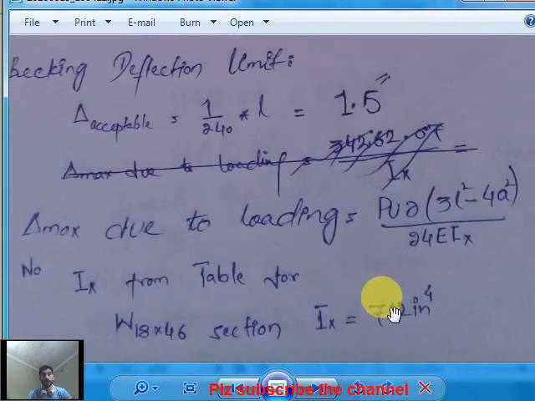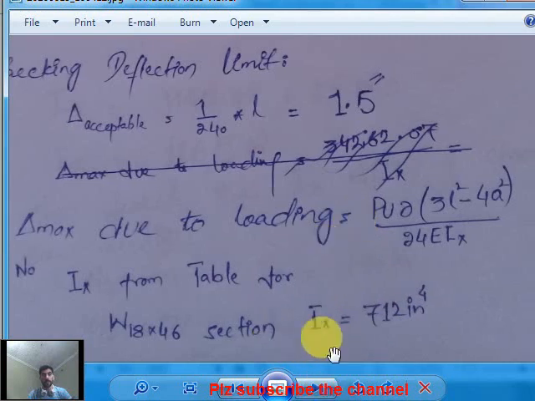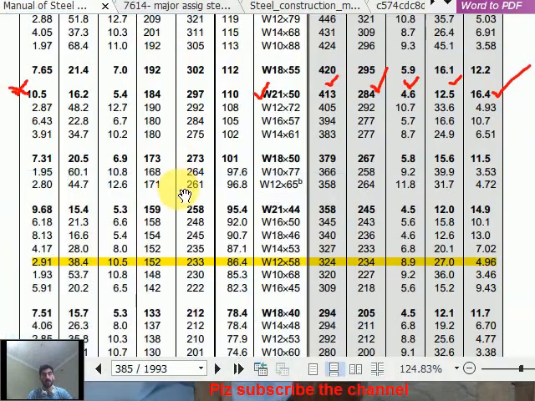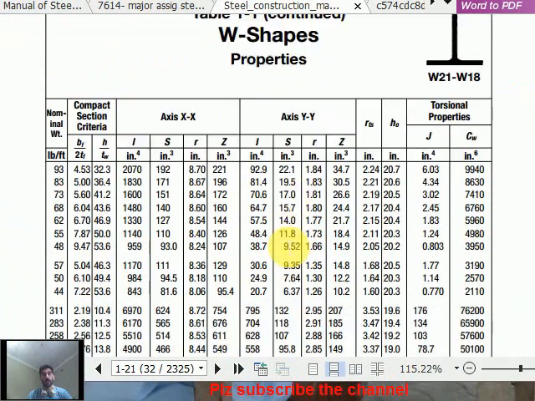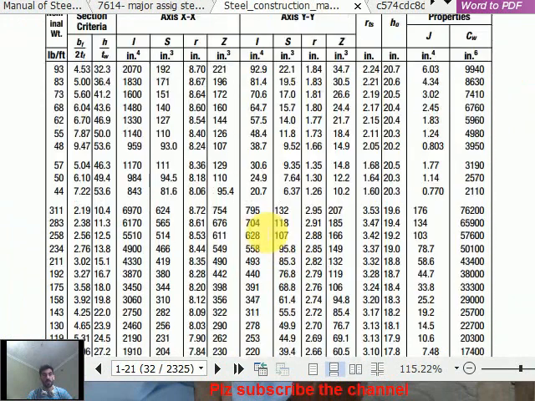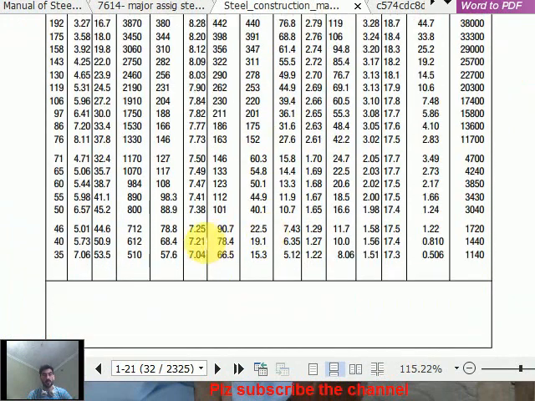Now this section has a moment of inertia of 712, remember. We determine delta max from this, because we have a section and we just go to the table, and from the table we choose the moment of inertia of the section easily. That is not difficult for us, that is 712, clear.